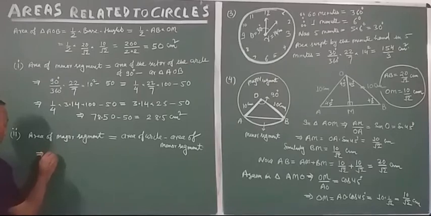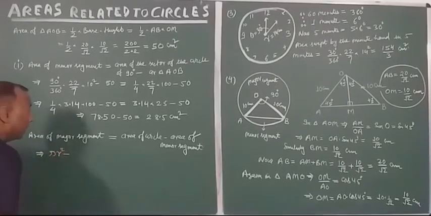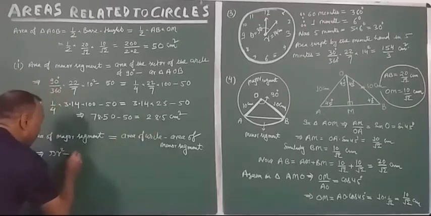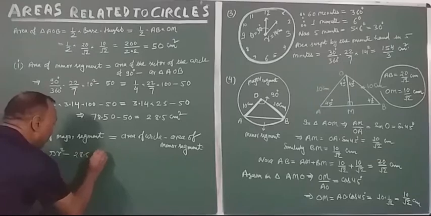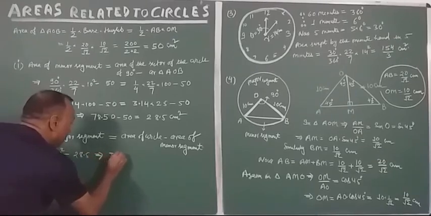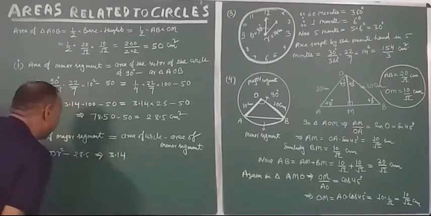So pi r square minus minor segment 28.5. Pi, the question gave 3.14.